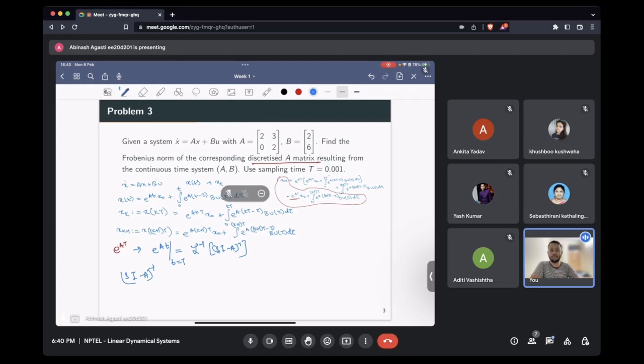Okay, so anyone tried? We'll go step by step. First, let us write sI minus A. It will give me this, right? Then its inverse we can find out by simple formulas that we have known since school.